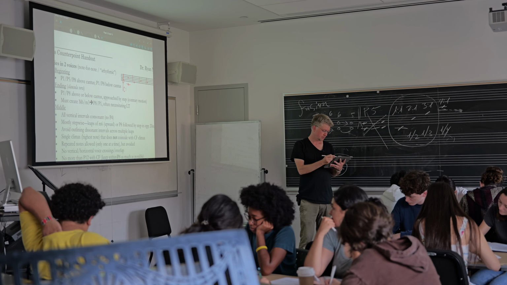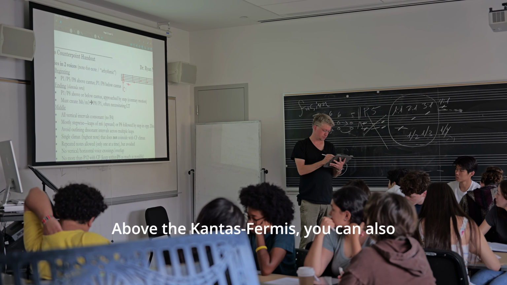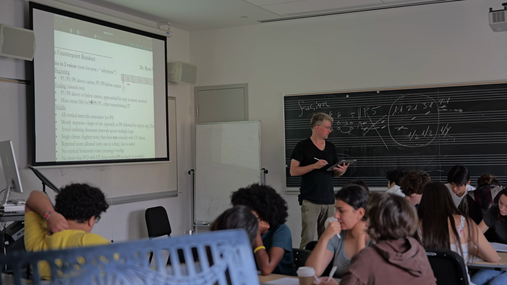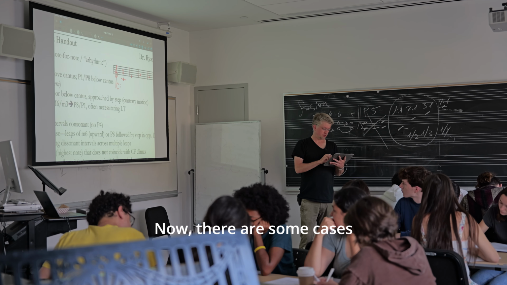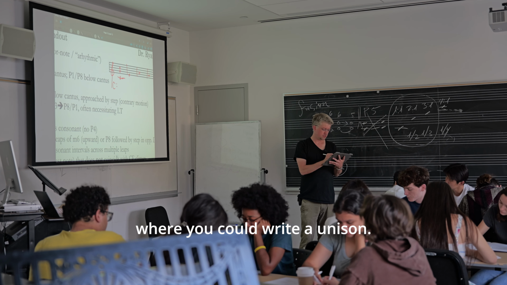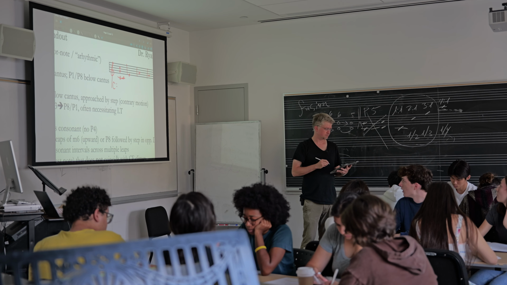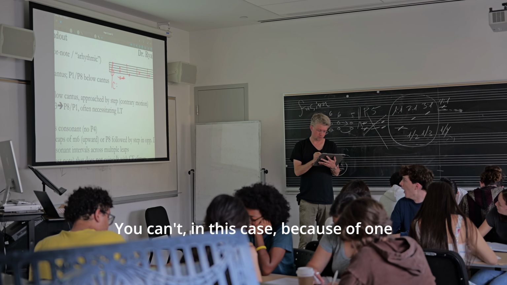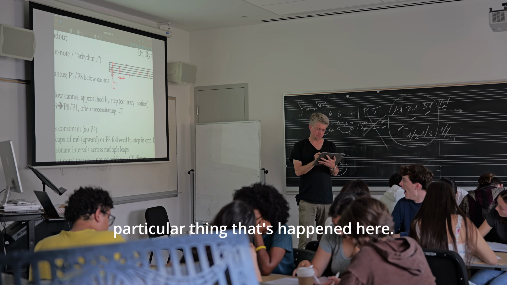Generally works. Above the cantus firmus, you can also start at the perfect fifth. Now, there are some cases where you could begin on a unison. You can't in this case because of one particular thing that's happened here.